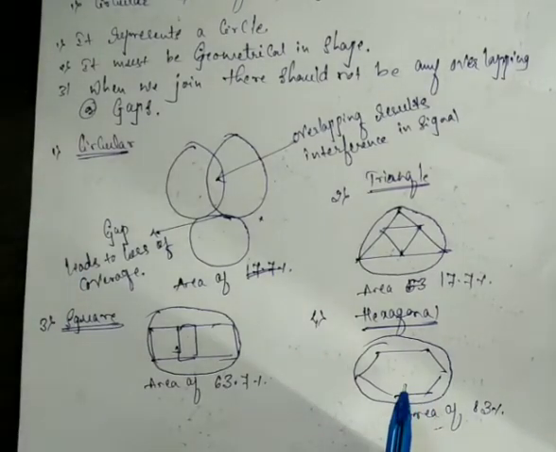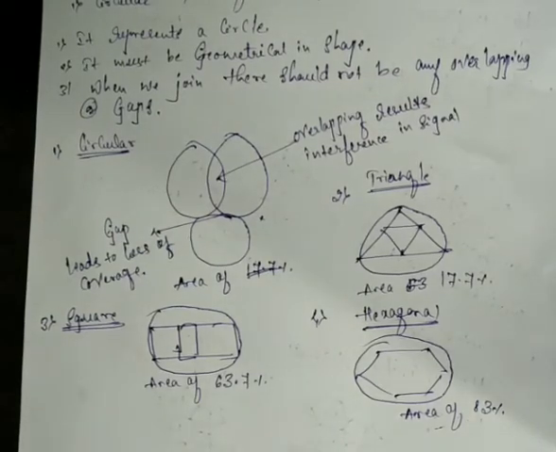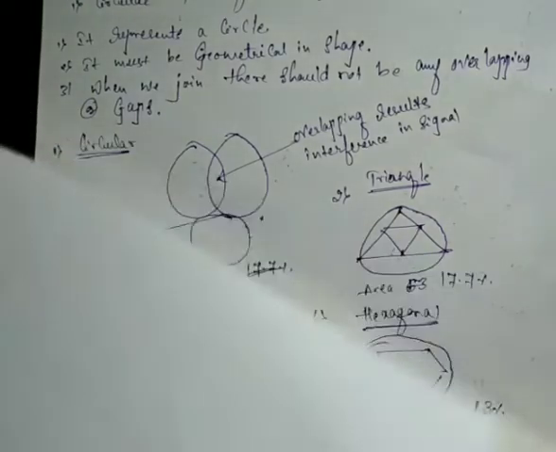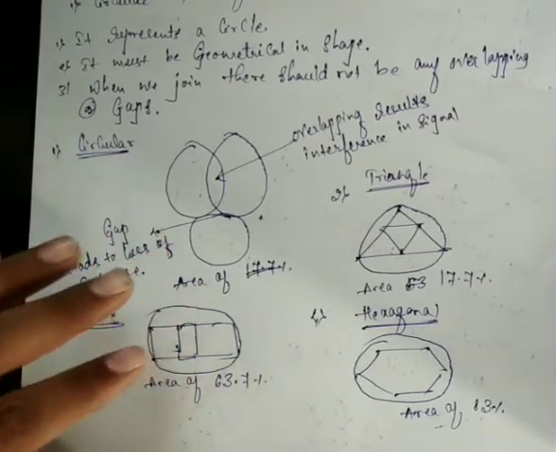That is why they have used the hexagonal cell: 83% of the area will be covered, and compared to other cells it covers the maximum area. So they have preferred the hexagonal cell.